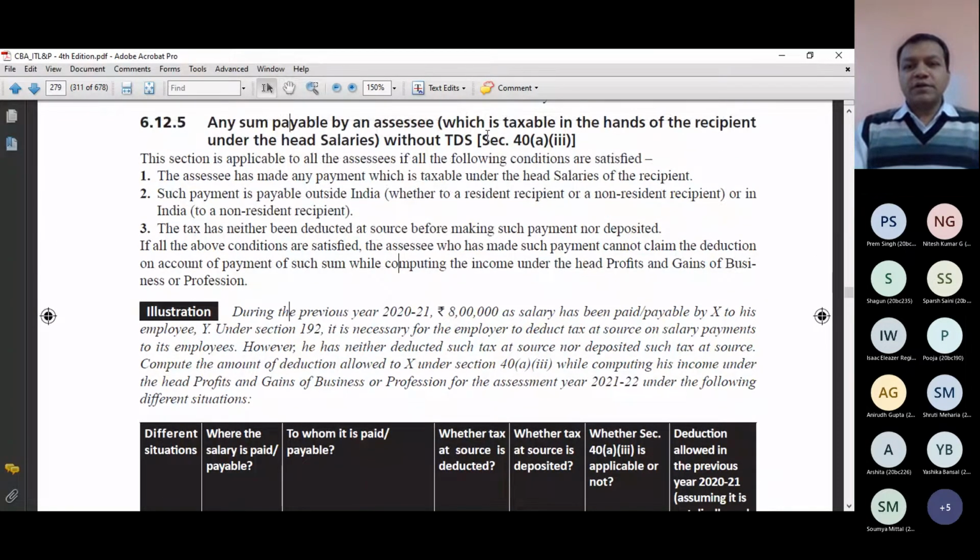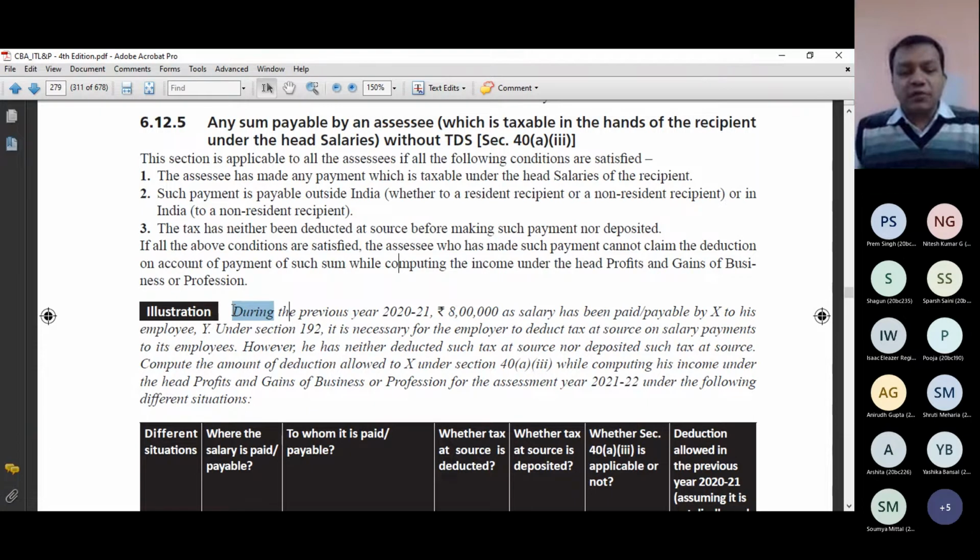I'm discussing 40A3. If you remember carefully, both the conditions must be fulfilled, neither deducted nor deposited. Now see, this is the question. Illustration: during the previous year 2021, 8 lakh as salary has been paid or payable by X to his employee Y. So I am learning it from the businessman's point of view. I'm not concerned about Y, I'm concerned about X because X is a businessman.